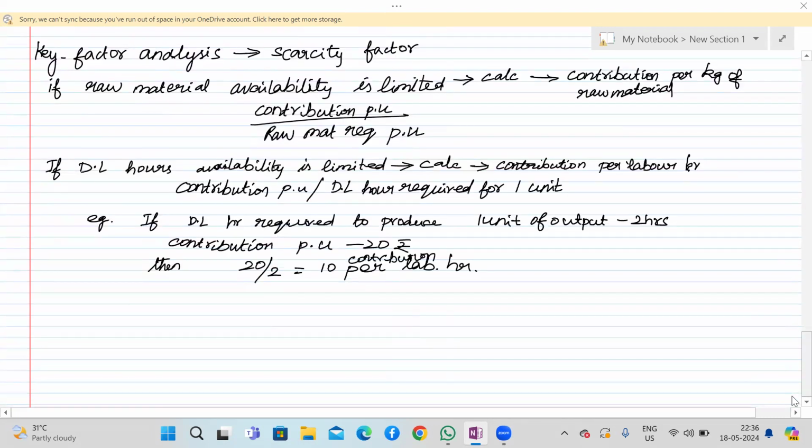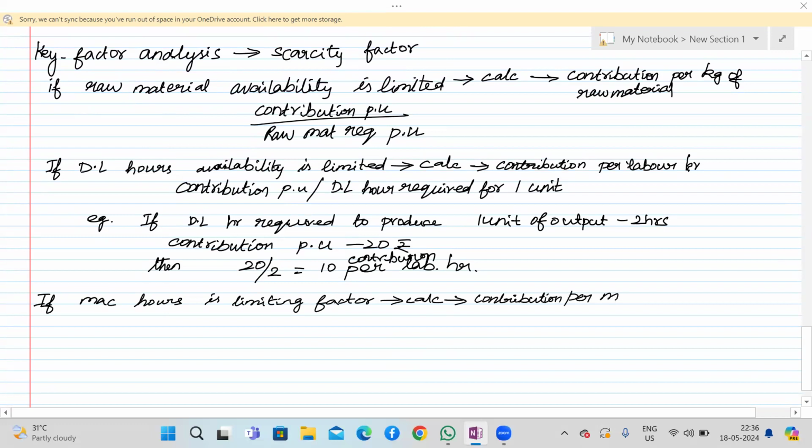So I want to rank based on highest contribution. If machine is the limiting factor, calculate contribution per machine hour.